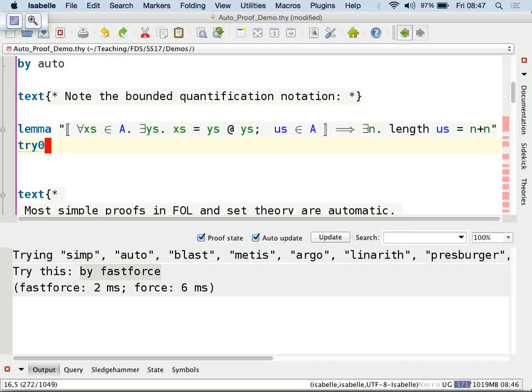On the other hand, please note, it will only try the proof methods in an unparameterized fashion. So if you want to add further simplification rules, it won't do that. It'll just try the proof method fast force or simp or auto. So that means it's limited in its capacity. On the other hand, it's not a bad idea to try that first and see if there's some obvious proof method that can prove it.